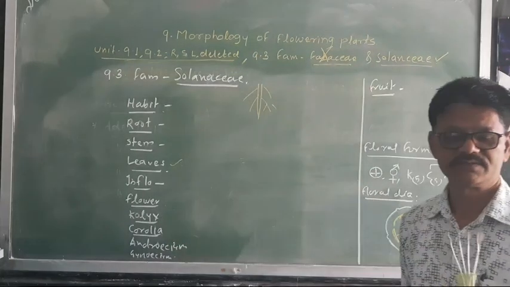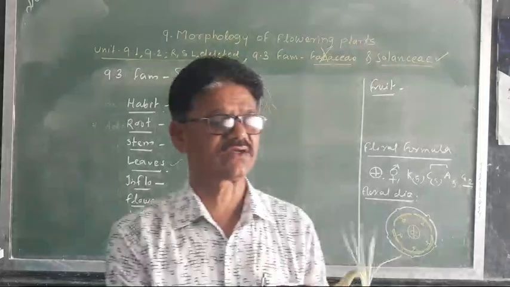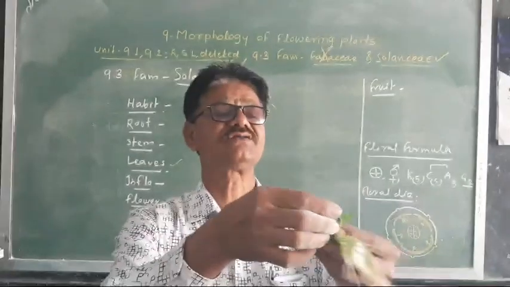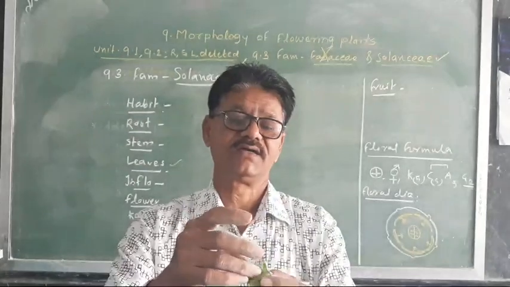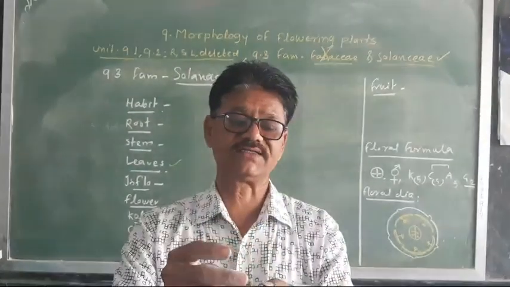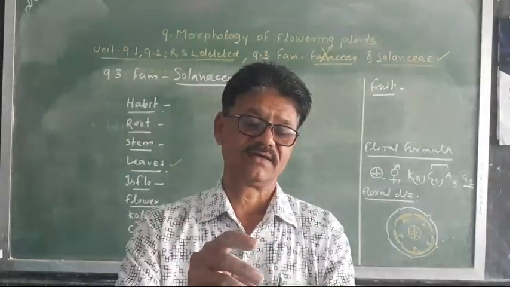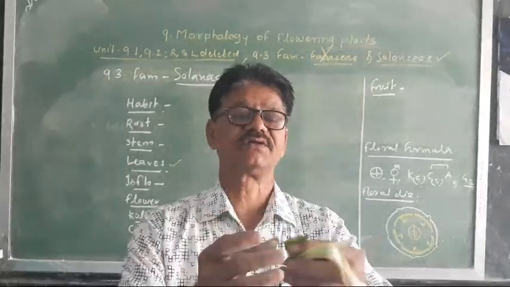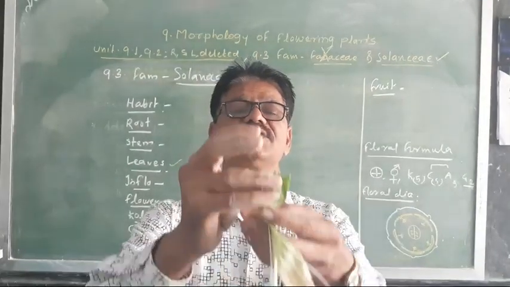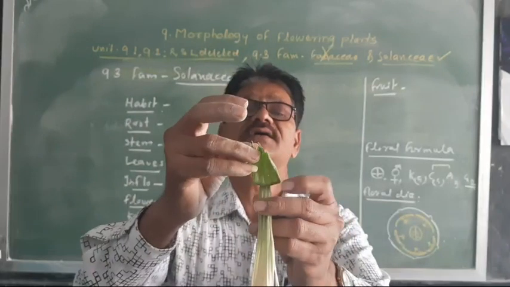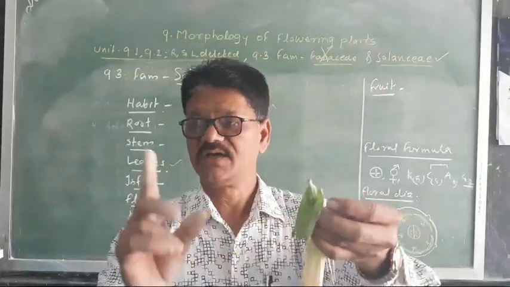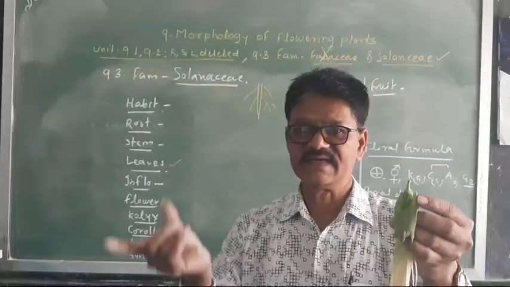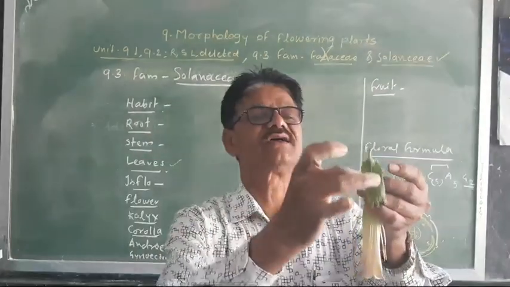The first floral organ is the calyx. Last time I explained what the calyx is and what its features are. The calyx is outermost, green in color, and consists of sepals, and the margins of the sepals are attached to each other.